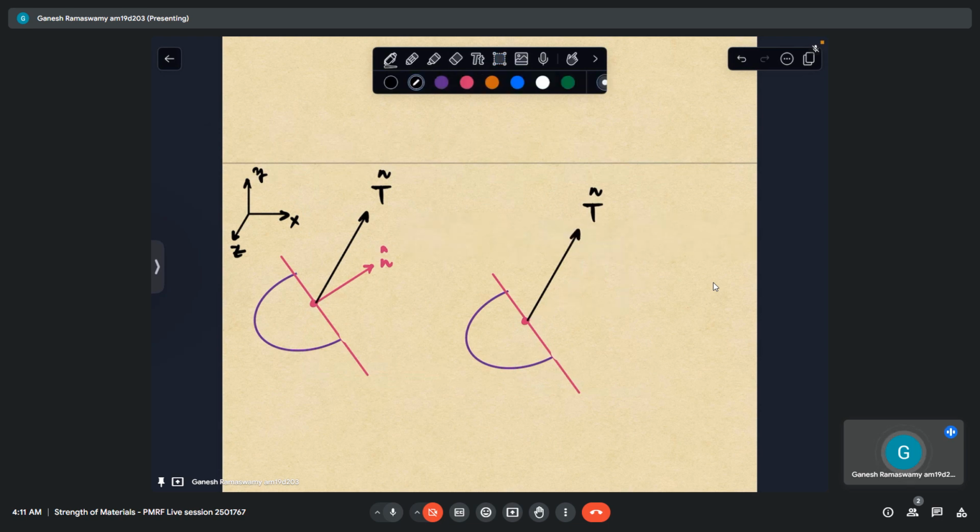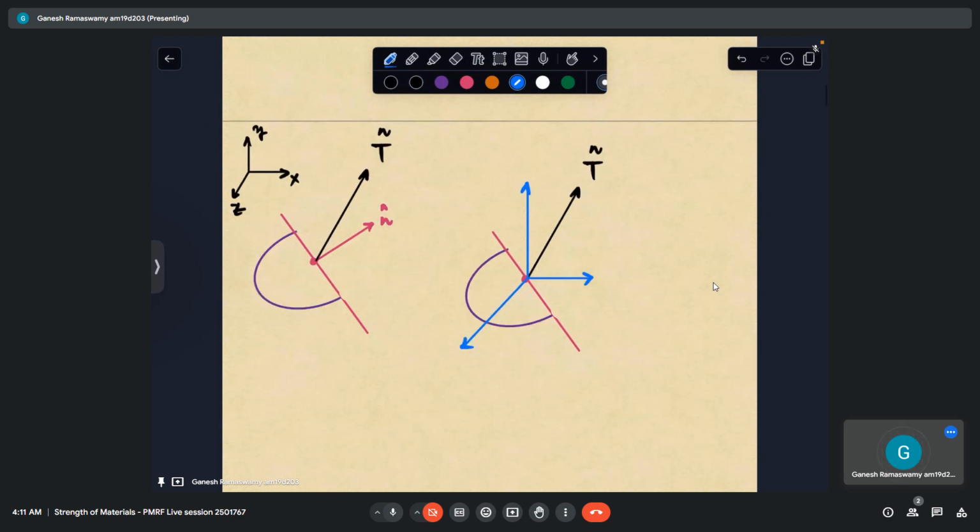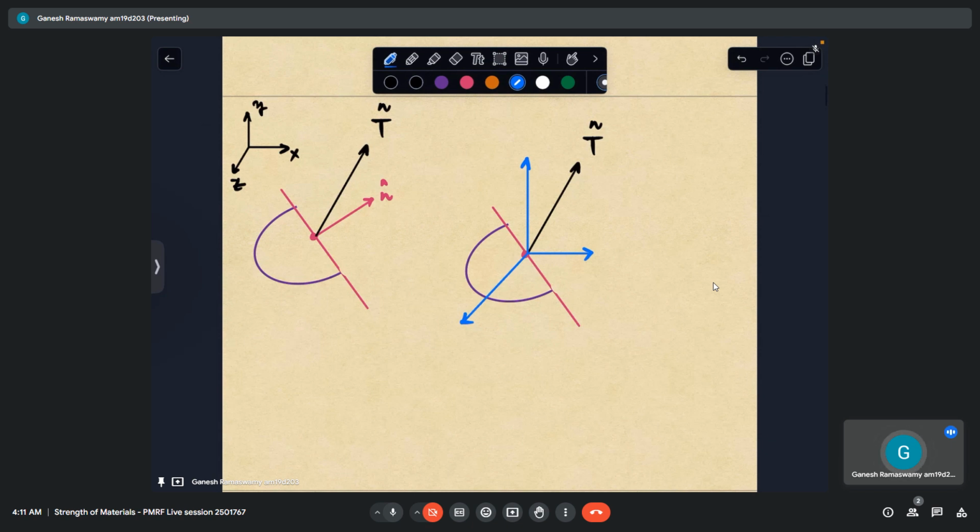We know that we can resolve this vector into three components. This is along x, this is along y, and let us hypothesize that this is along z. So these blue ones are nothing but the components of the original traction vector along the x, y, and z directions. So how do we represent this?